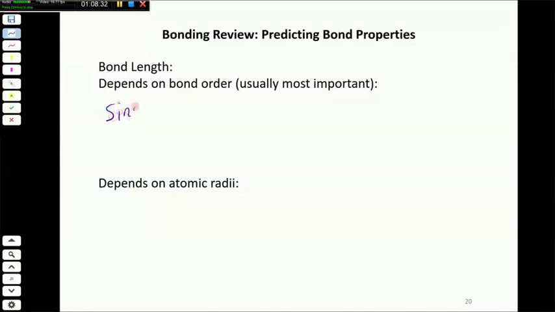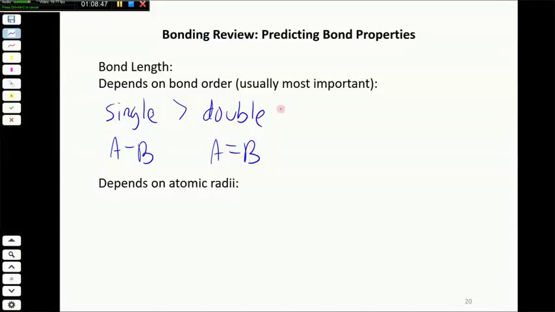So if we have a single bond, which is one shared electron pair, there's going to be an inverse relationship between bond order and bond length. So double bonds are going to be shorter than single bonds. Triple bonds are going to be even shorter than that.